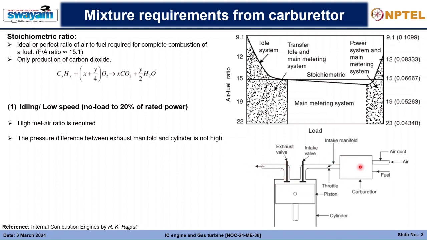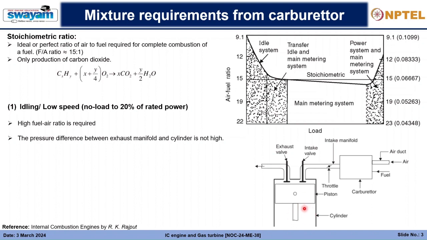So basically here you will have atmospheric pressure because it is linked with the atmosphere. Also the exhaust valve at the outer end is linked with the atmosphere, so it will have atmospheric pressure. The pressure difference which is happening inside the cylinder is basically driving the fuel mixture in.